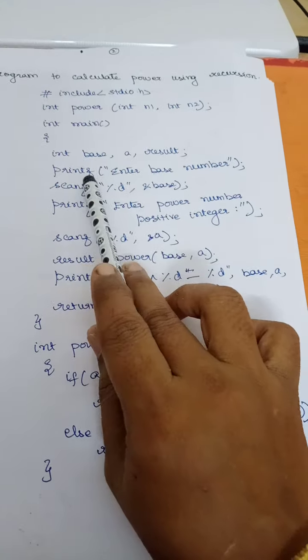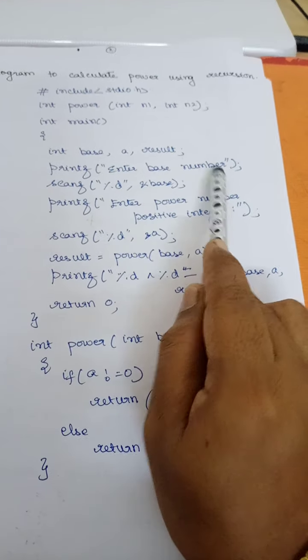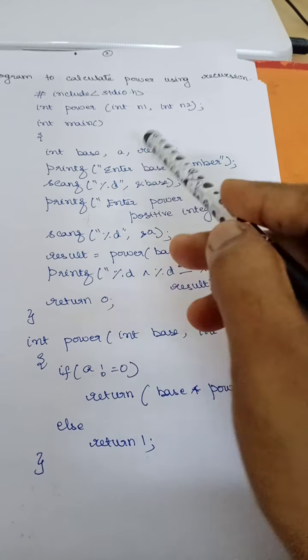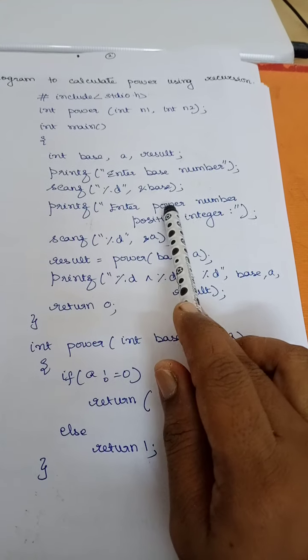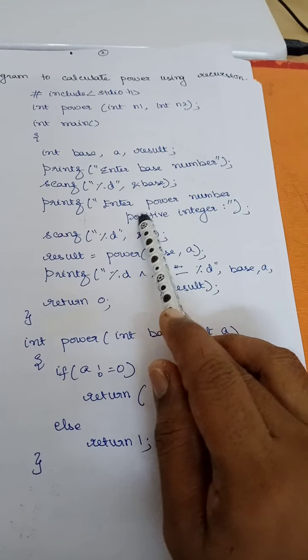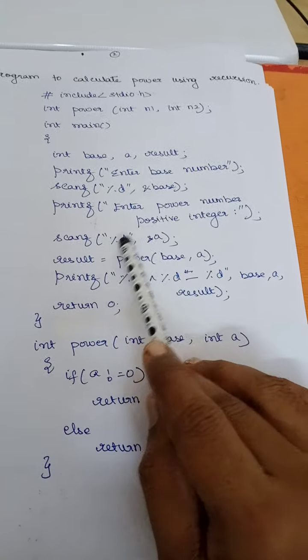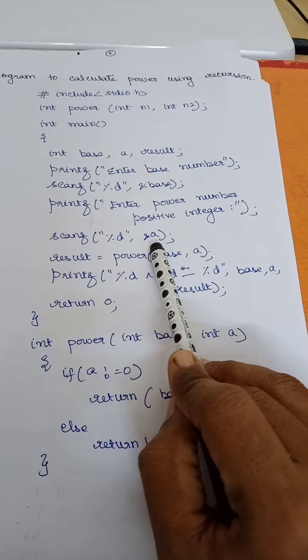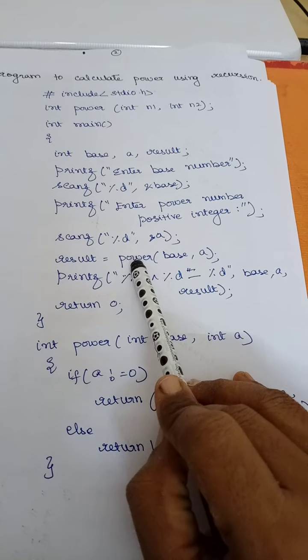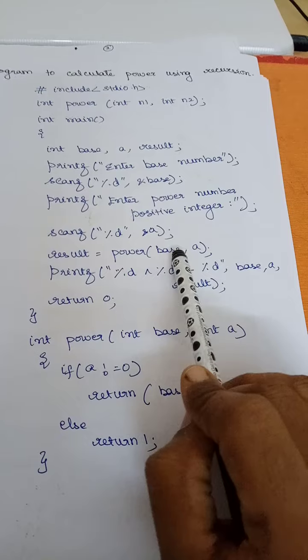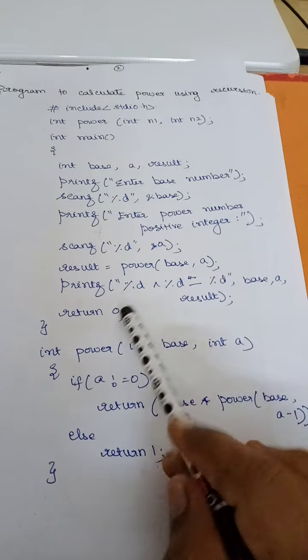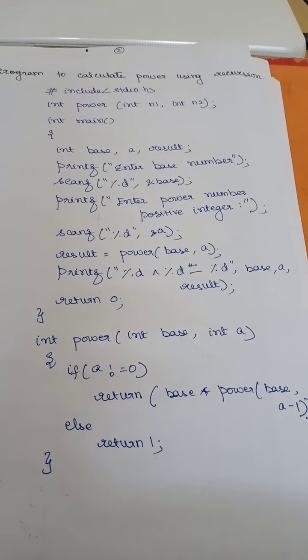Anything, right? Printf, enter the base number. So I am reading the base number here. Enter the power number, that should be a positive integer. So reading that value, I am calling the power function, result is equal to power of base comma a, right? And then I am printing in this format. What format?